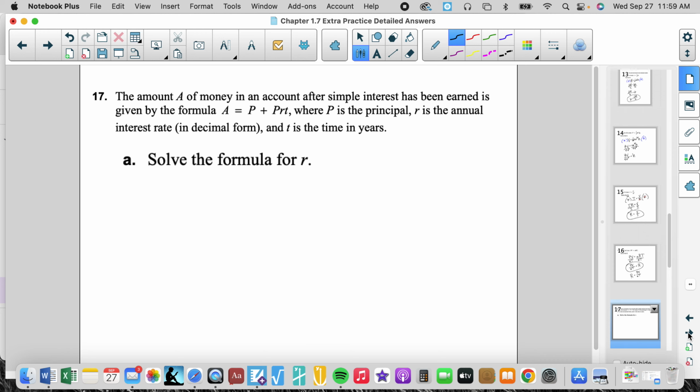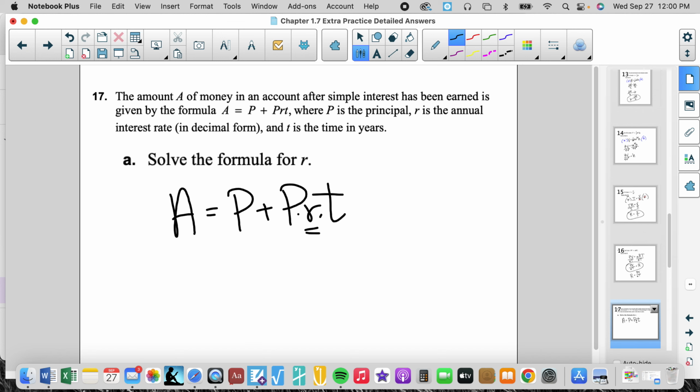The amount A of money in an account after simple interest has been earned is given by the formula A, total amount, equals P, principal, plus principal times R, the annual interest rate, times T, which is always measured in years. So solve for R. So we have A equals P plus P times RT. So I've got to get rid of this.